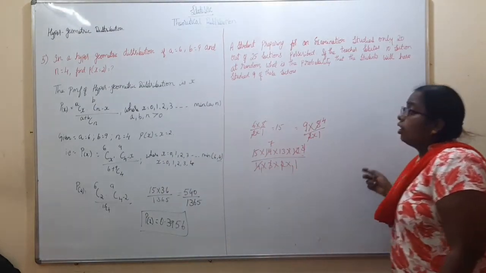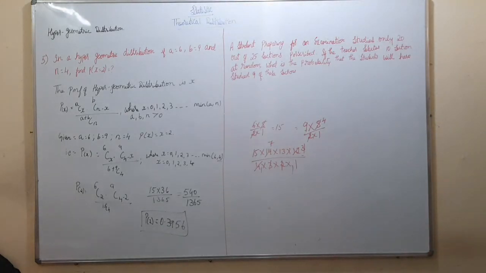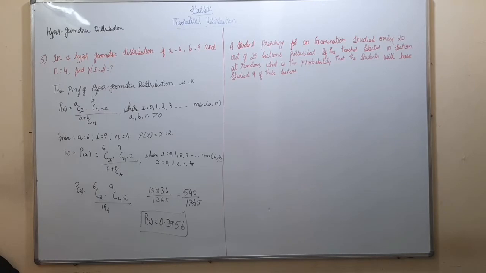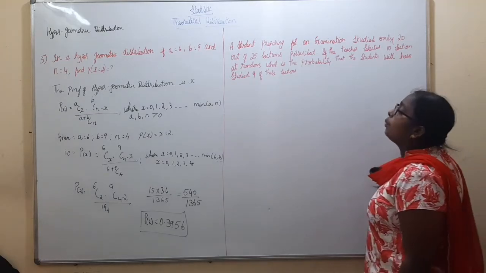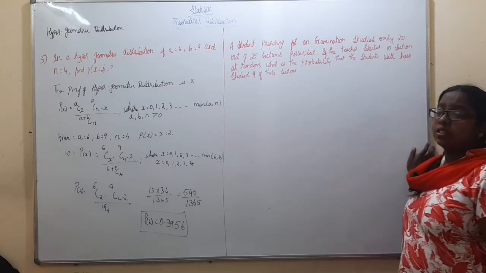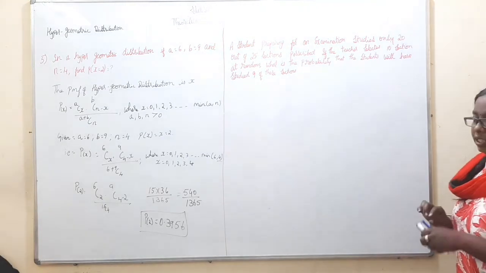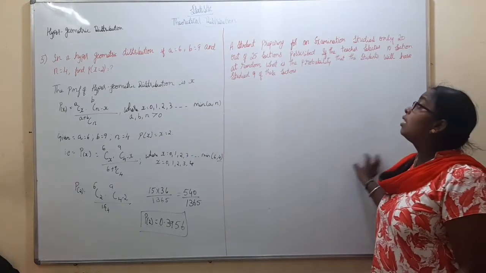Next, moving on to the sixth problem. See here, this is your sixth problem. A student preparing for an examination studies only 20 out of 25 sections, where sections represent the classes prescribed.